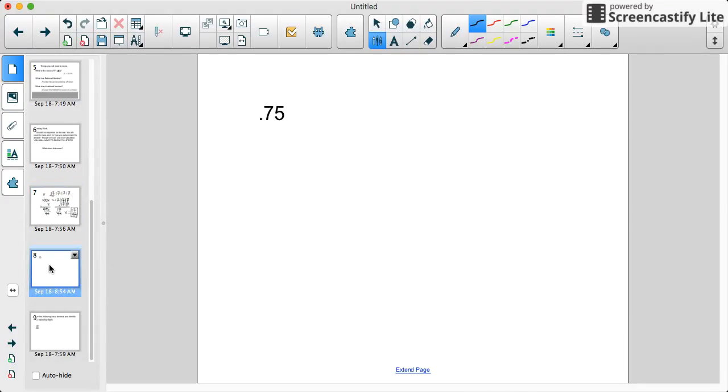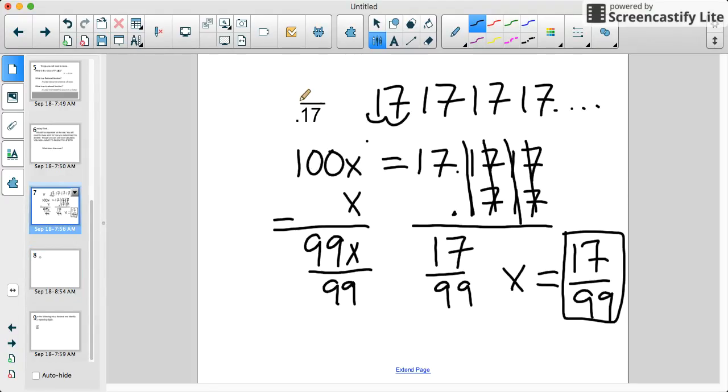Now this 0.75 is different than the 0.17 repeating that we had in our last example. In our last example, we had this 17 with the bar showing above it, which caused us to believe that it was 17, 17, 17, and it went on forever.